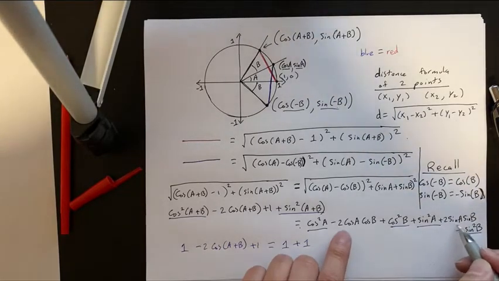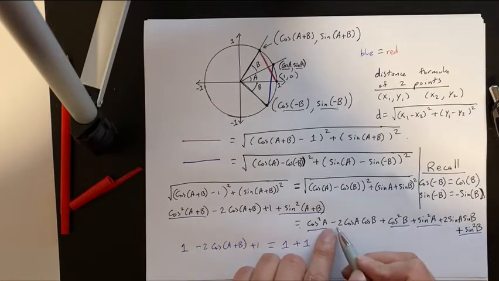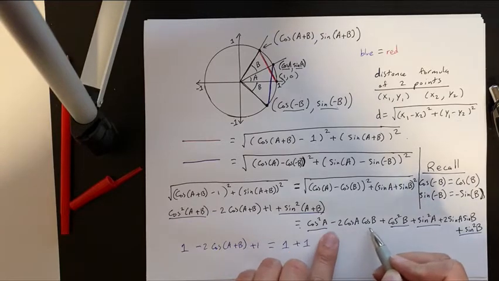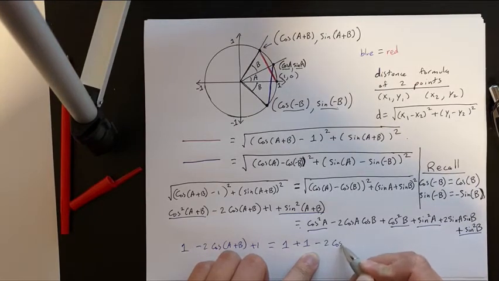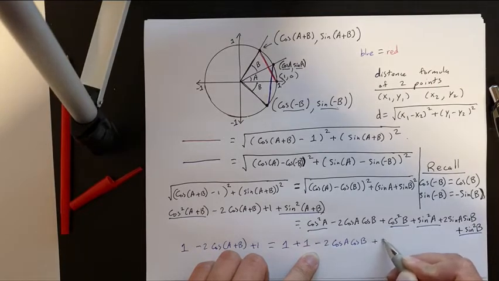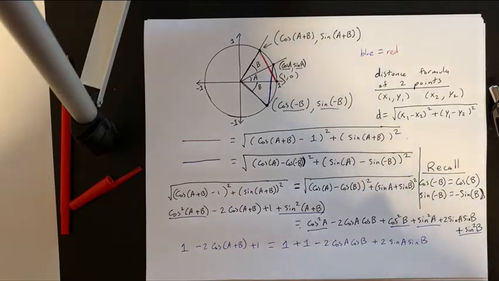And then the rest, well, it's not a square, so I'm going to leave it as it is. This is a minus, and then that's a plus, so minus 2 cosine a cosine b plus 2 sine a sine b.